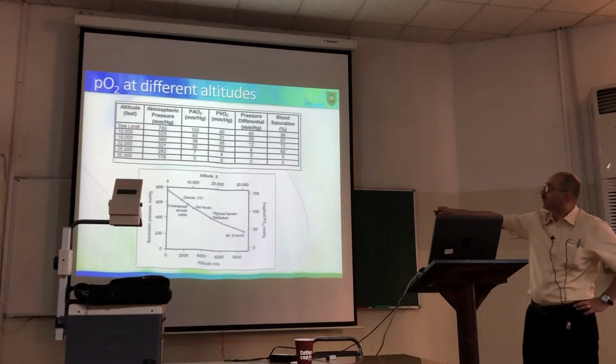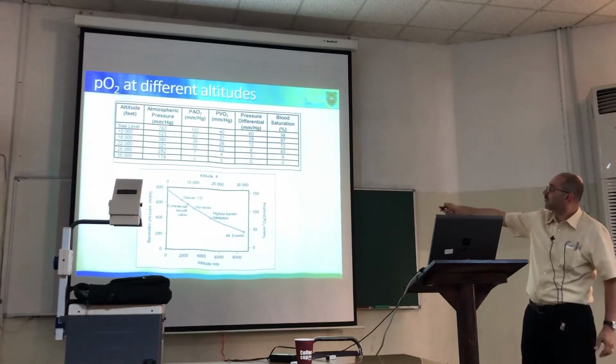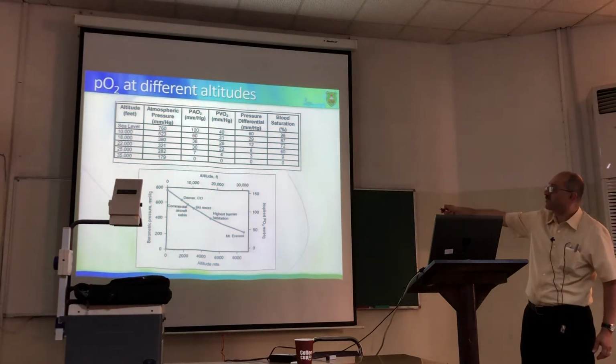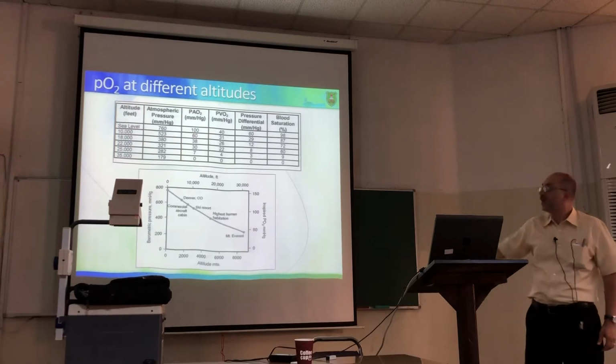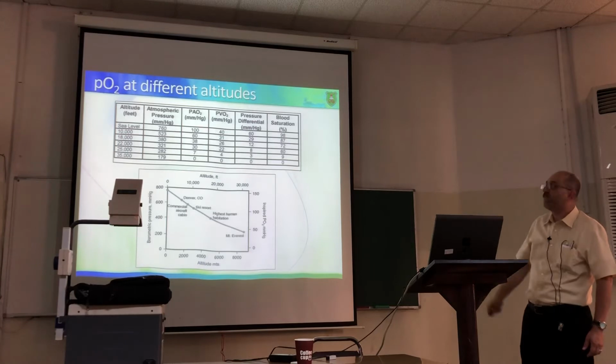So at sea level, like we're here right now, the atmospheric pressure is about 760. The arterial pressure of oxygen is about 100. Now, venous pressure of oxygen is about 40.